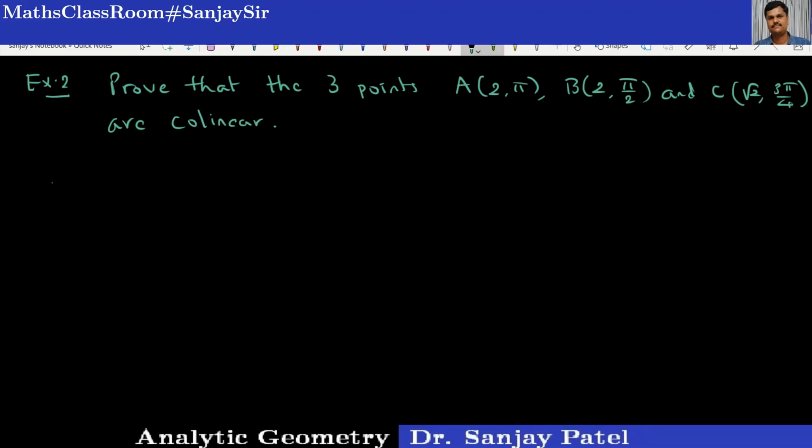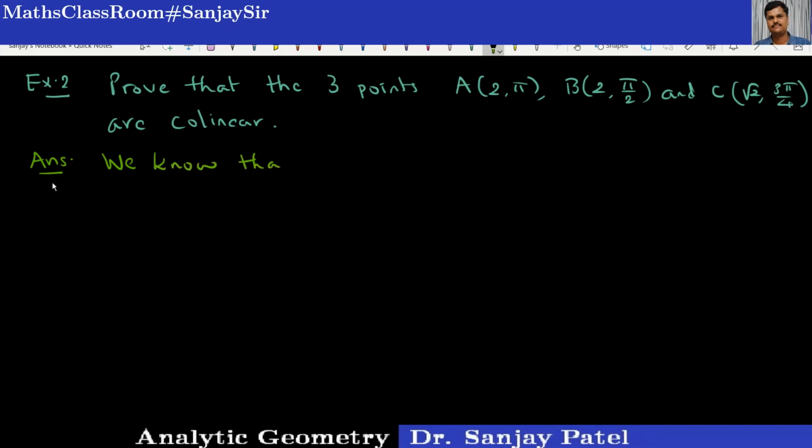Now let us try to prove this. You know, in your higher secondary, you have studied the necessary and sufficient condition for the 3 points in the Cartesian coordinates to be collinear. So I am writing that condition.